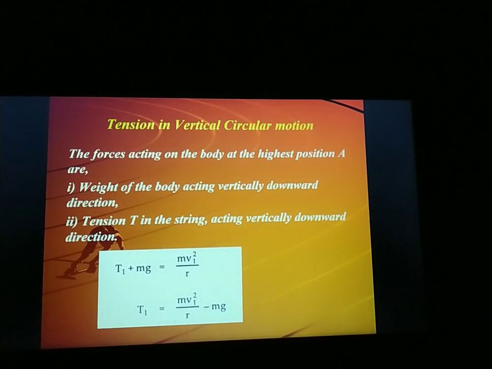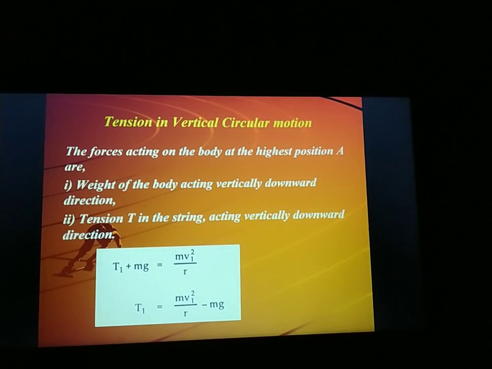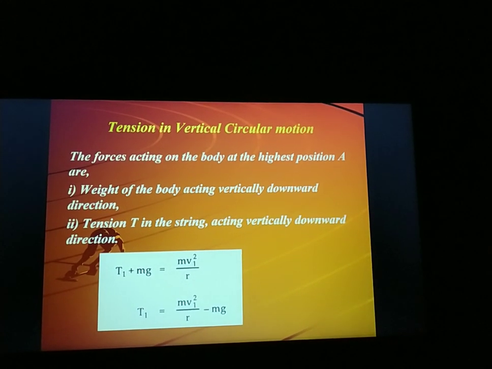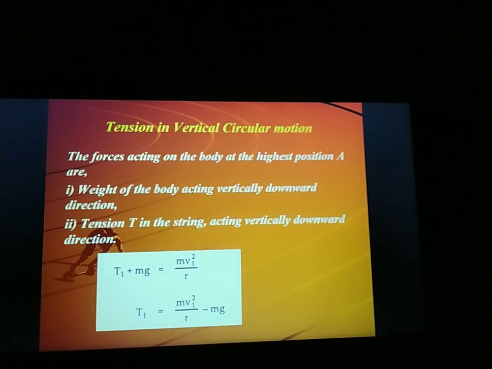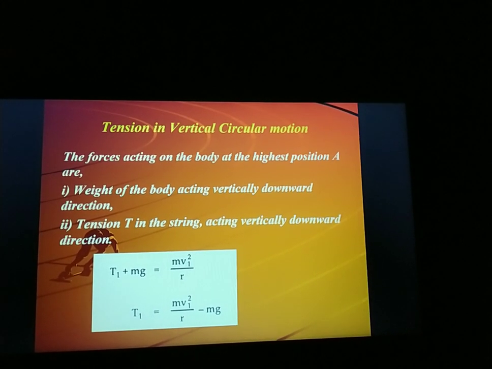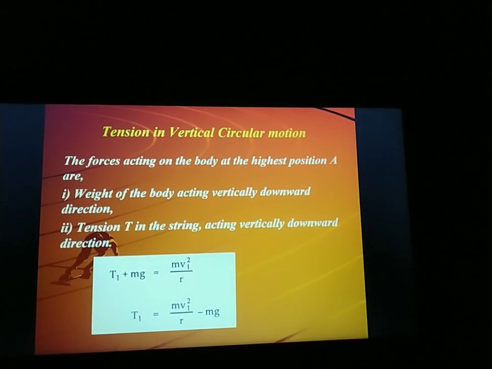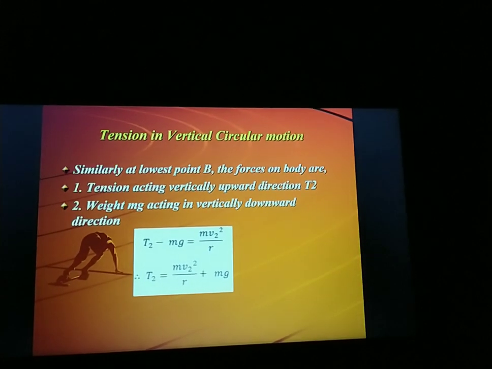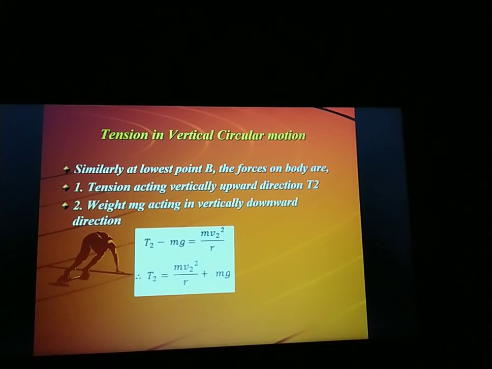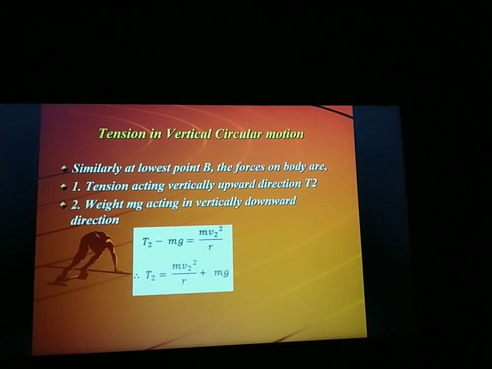This we already know, because the forces are along the same direction; you add both forces T1 plus mg, and together they are the centripetal force. So T1 equals mv1 square upon r minus mg. This is the tension at the top of the vertical circle. Similarly, we already know at the bottom position weight and tension will be in opposite direction.